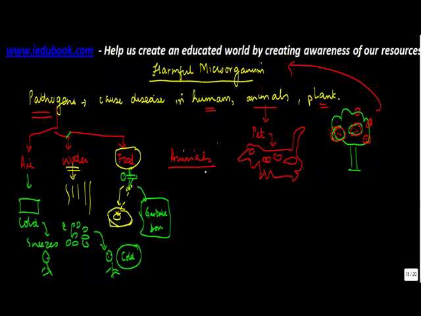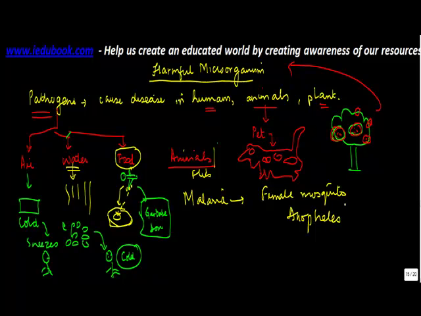Now let's take some specific cases of animals or flies, etc. You would have seen cases of malaria. That's a very common fever in this part of the world. What happens is that there is a female mosquito, which is known as Anopheles.